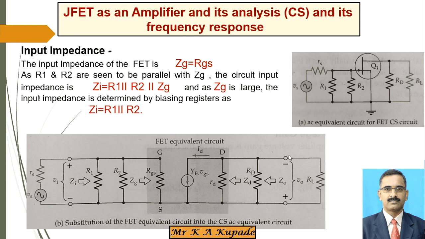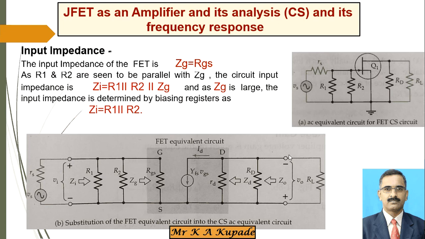So due to that, the circuit impedance becomes Zi, the total impedance, equal to R1 parallel to R2, because R1 and R2 are already in the equivalent circuit, like a parallel resistance.